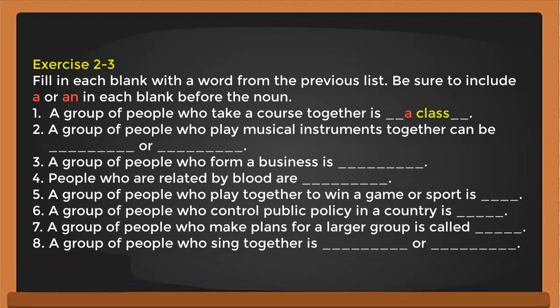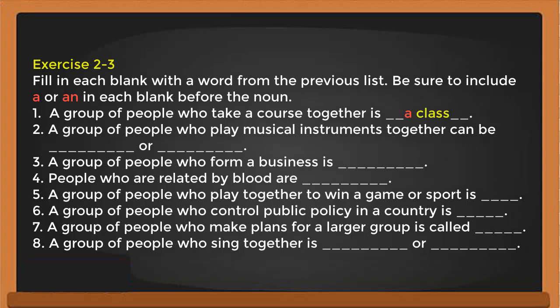Now let's see exercise 2.3. Fill each blank with a word from the previous list. Yeah, you can see the previous list before. Be sure to indicate a or an in each blank before the noun. Okay, make sure you include a or an before the noun. For example, a group of people who take a course together is obviously a class.